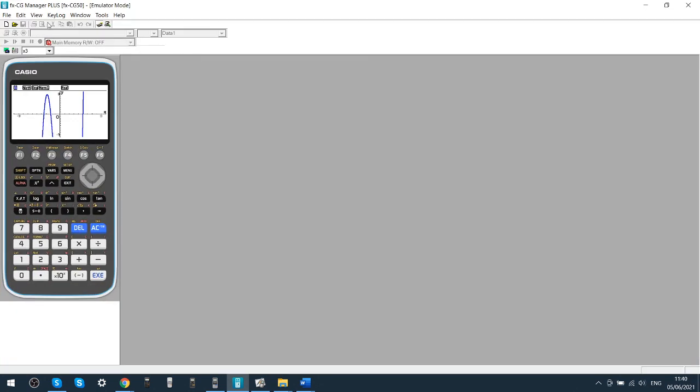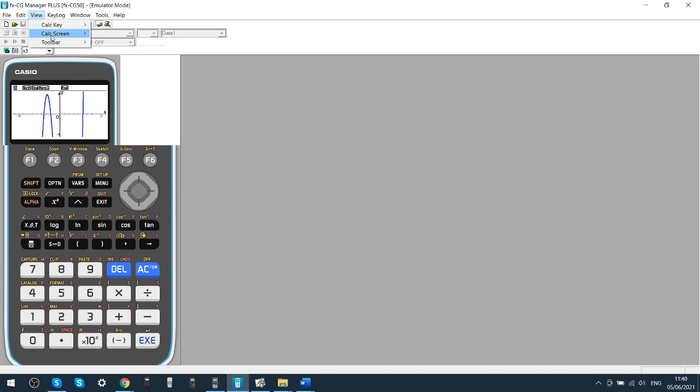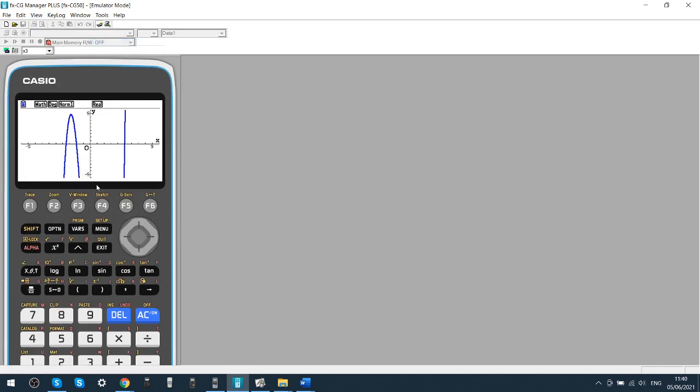Let's see. Yeah. Is that normal? That's okay. Shift. That's not bad. Graphical solve. If I press right, and we have the integral of dx. Intersect. Let's see what happens there.